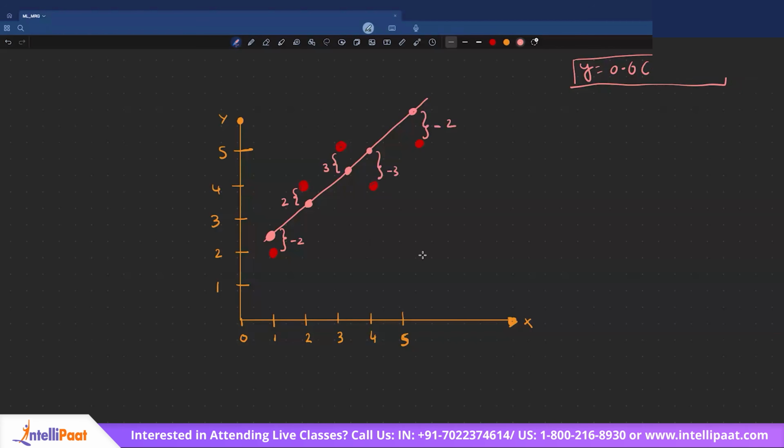Example. So far, the total error in the program is nothing but the difference, right? Difference between the actual and the predicted is what the error will be, right? So -2, +2, +3, -3, -2.